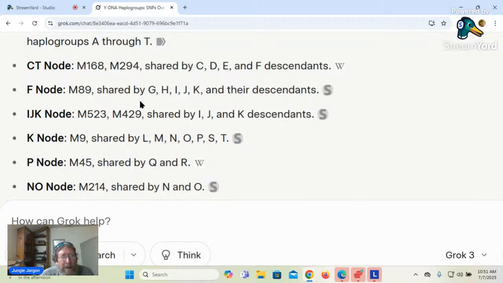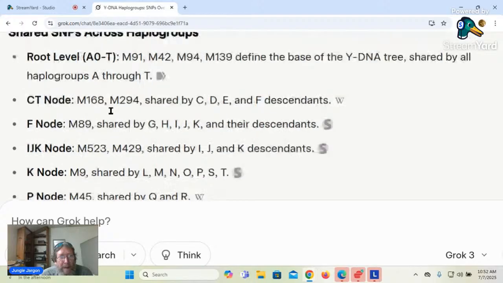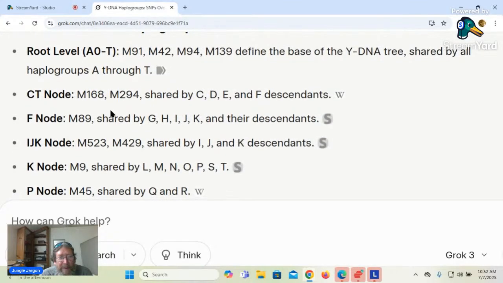Okay, so my problem was if I root the tree in IJ, I'm thinking that each one of these has a separate SNP marker, but it's not true. Because if you look at the SNP markers where they got them listed, they have the IJK, the HIJK, the GHIJK, and the FGHIJK.